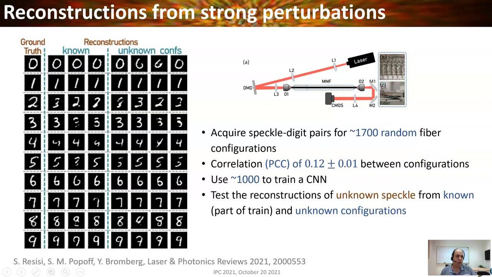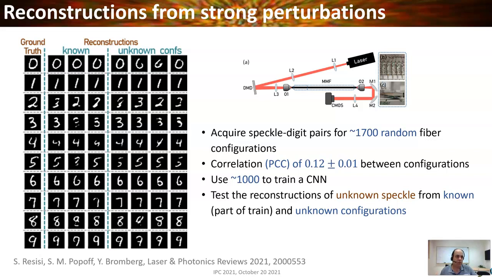We introduced an approach which we call configuration training, where instead of training the model on a lot of data from a few configurations, as was done in previous studies, we train the network on much less data for each fiber configuration, but use the fiber piano to induce many hundreds of different configurations.